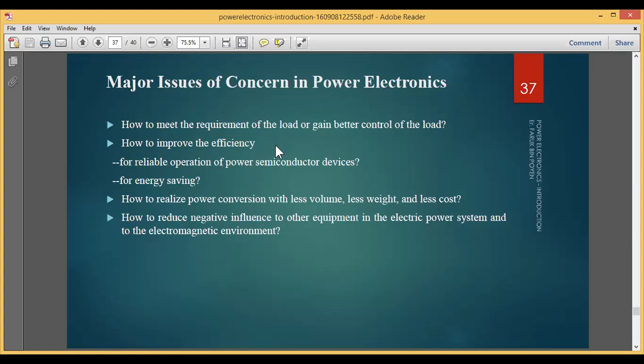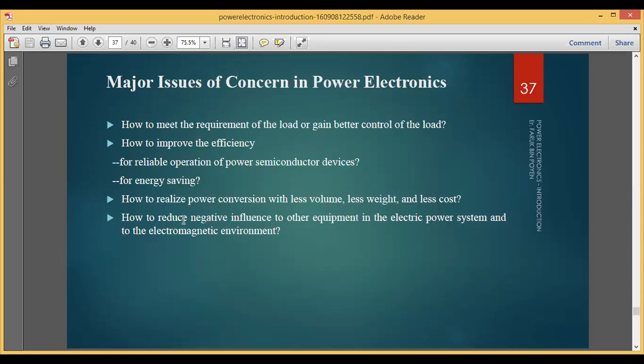The second thing is, how can I improve my efficiency, get better efficiency? If I use only power electronic devices, or if I go for power semiconductor devices, which is better? Another issue we can face here is how to realize the power conversion with less volume, less weight, less cost, because conversion is required all the time.